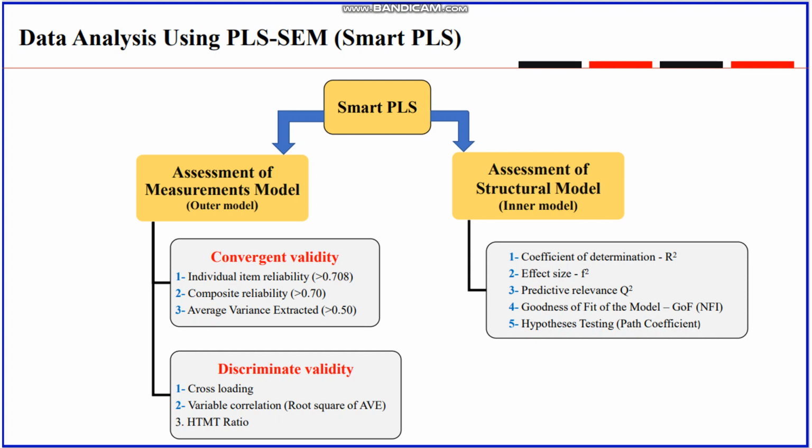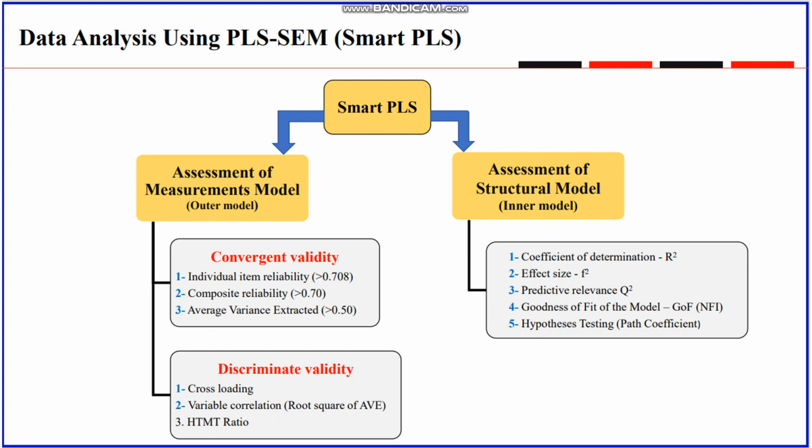So once we fulfill all six criteria of the measurement model, then only we can go for the assessment of the structural model. So as a researcher, first of all, we have to find out all these six criteria using SmartPLS software, and we have to ascertain that they fulfill all the criteria of convergent and discriminant validity, and then we should move to structural model assessment.